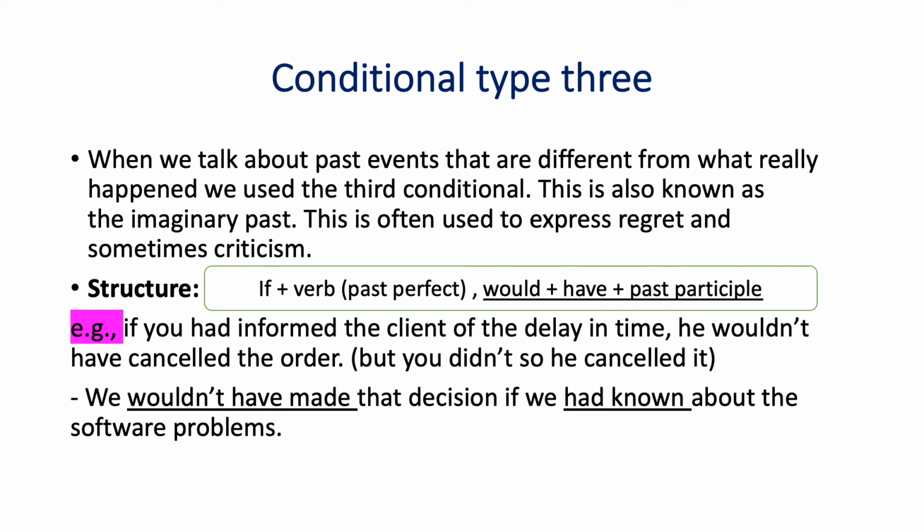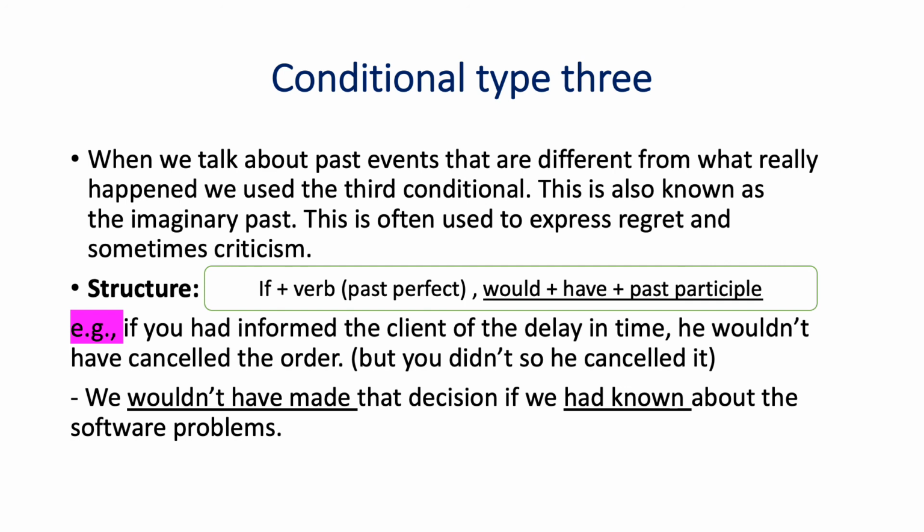Here the meaning in Arabic: إذا كنت قد أخبرت الزبون أو العميل بالتأخير في الوقت المحدد، فلن يكون قد ألغى الطلب, meaning "have cancelled the order". So this is what we call regret or criticism.